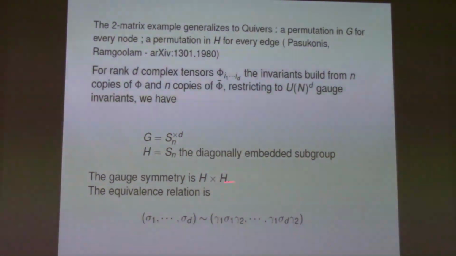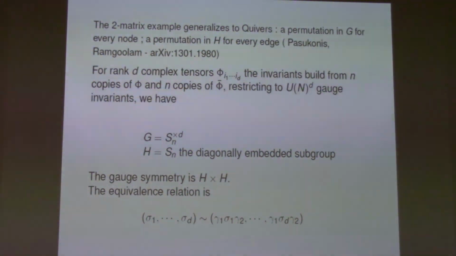And there's a gauge symmetry, which is H times H: you take a D-tuple of permutations in Sn, and you impose that it is equivalent to this D-tuple where I'm multiplying on the left by one fixed permutation, and on the right by another fixed permutation. So it's an action of the diagonal left and the diagonal right subgroup. Once you've identified this equivalence class, basically everything you want to know about counting and correlators, you know a lot about it.